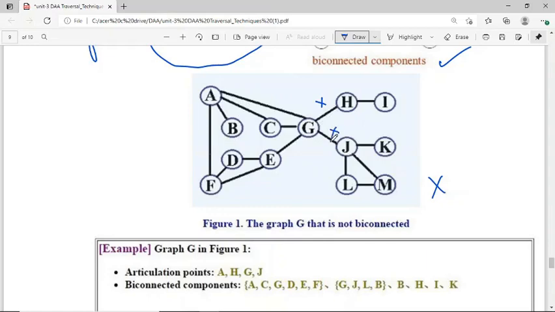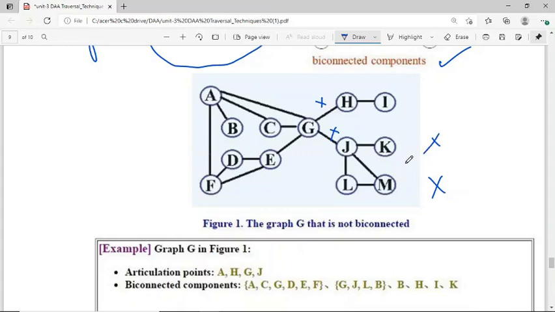Or if we remove this G to J, then it is divided into subgroups. So this is not a biconnected graph. Yes, the graph G is not biconnected.